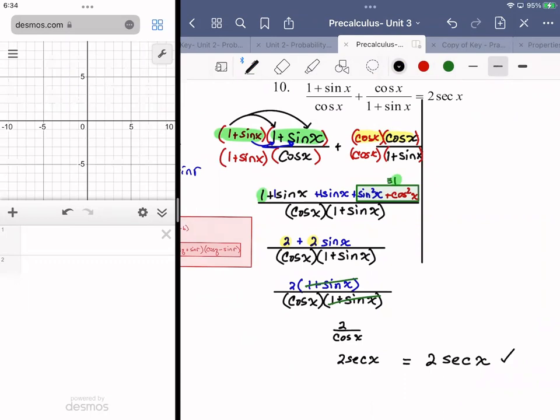Check mark. All right. So yeah, this one had a little bit of oomph to it, but the oomph was the algebra. There were 2 little baby trig steps in there that were not difficult. In fact, any instance that involved trig helped to make our algebra easier.